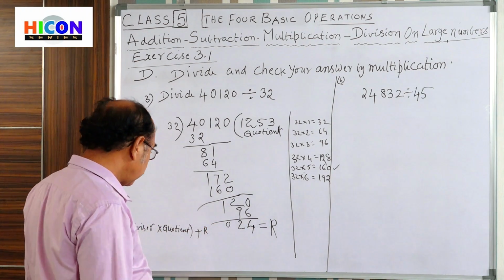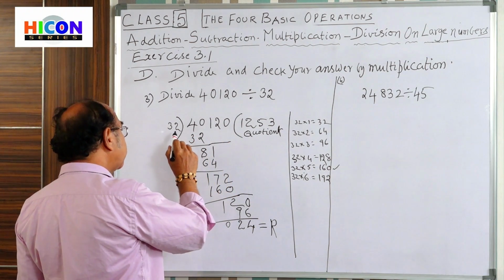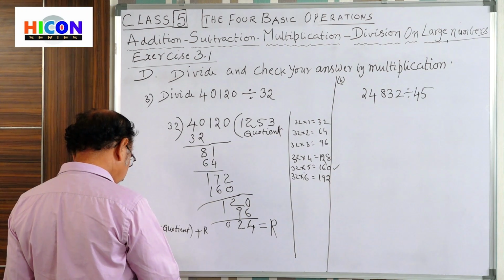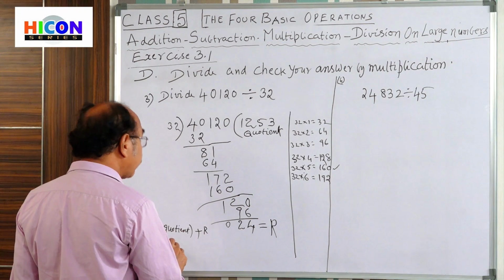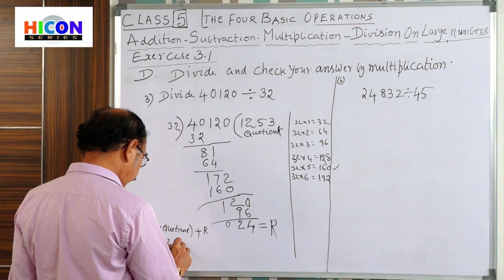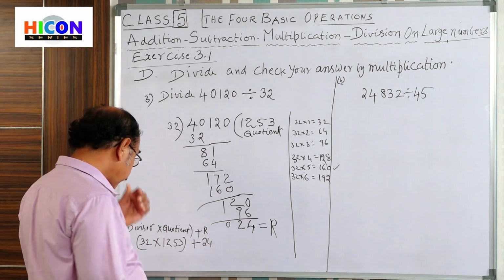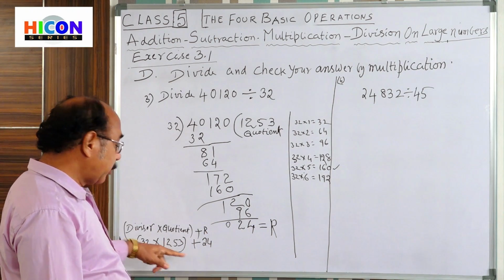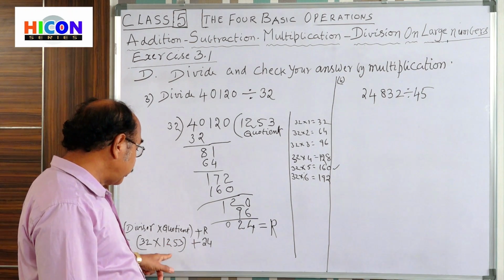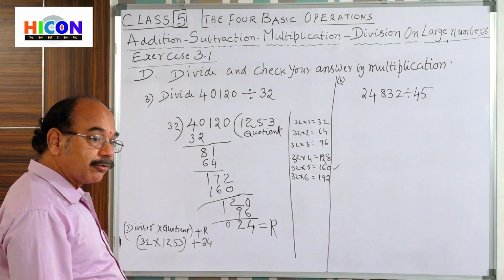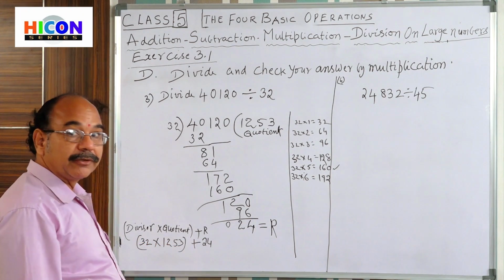What is the divisor? 32. What is the quotient here? 1253. What is the remainder? 24. Now multiply the two numbers. 32 into 1253 is the same as 1253 into 32.